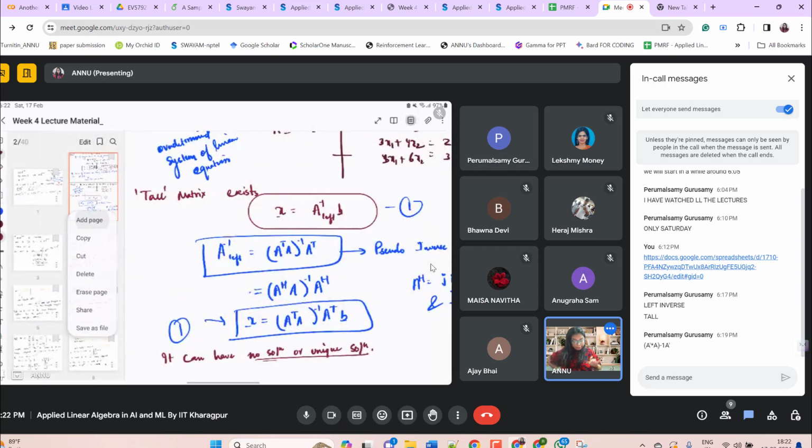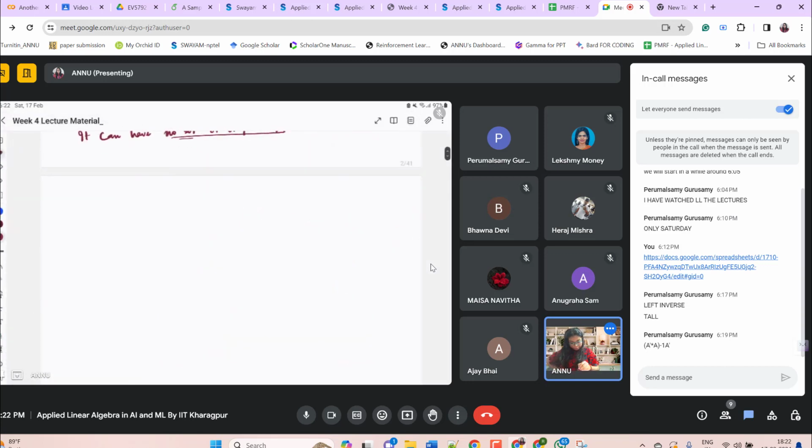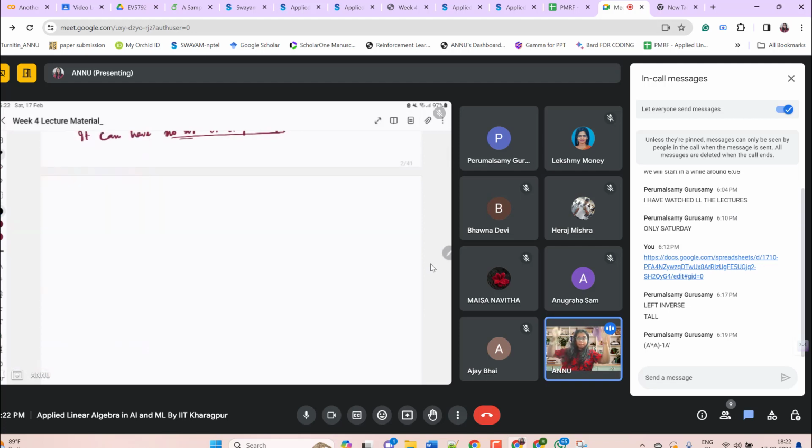Now what is case 3, which is the final case? Those who are preparing for the exam can make a table in their room with case 1, case 2 and case 3, so that you will not have any confusion.